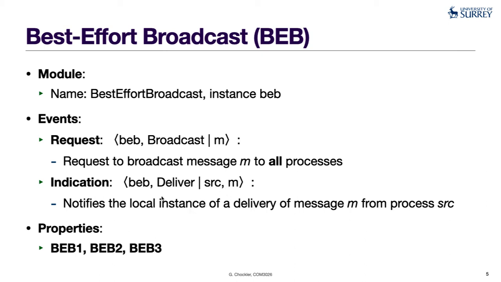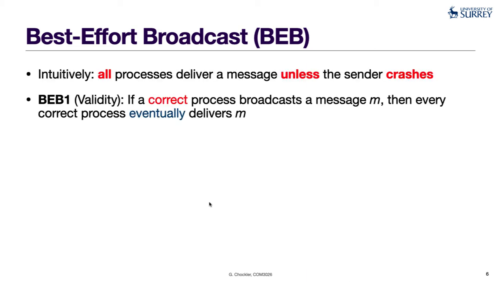Best effort broadcast supports three properties that we call BEB1, BEB2, and BEB3, and they are as follows. The first property is the one which is most interesting, and it is called validity.